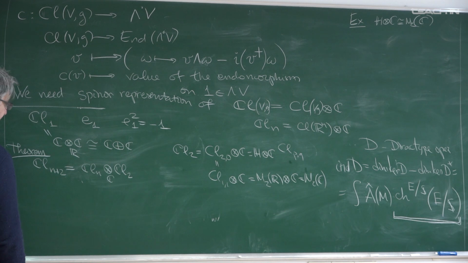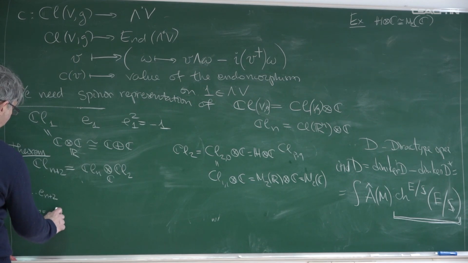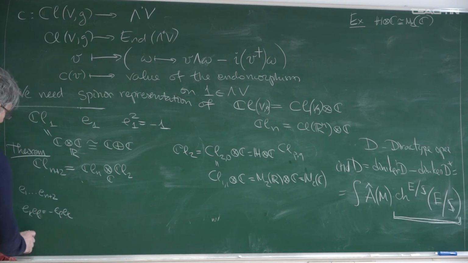How to do it? What is it? This algebra is defined by generators and relations: e_k e_l is minus e_l e_k, and also e_k squared is equal to a scalar.